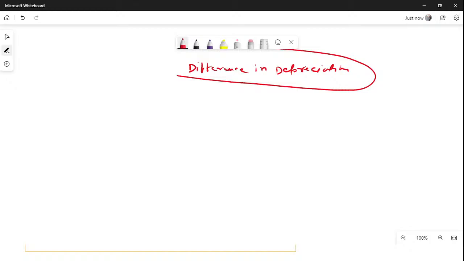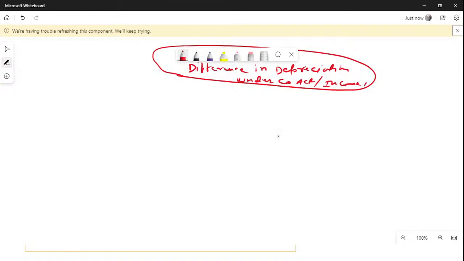Difference in depreciation, okay, under the Company Act and the Income Tax Act. Because of this difference in depreciation, a deferred tax asset or deferred tax liability is created. So now I will quote one example, with which I will try to make you understand.